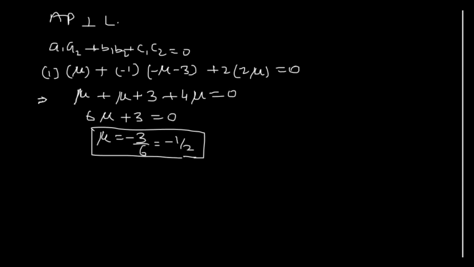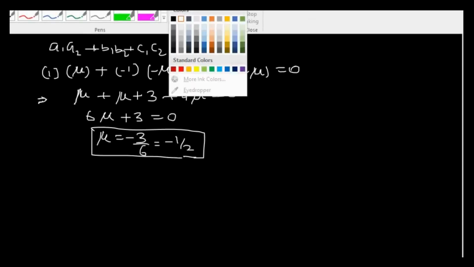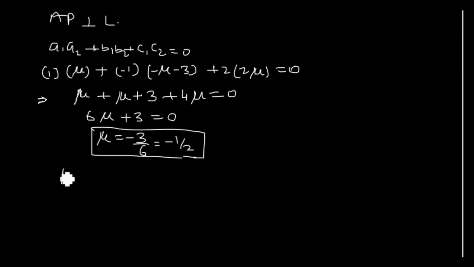Now we can therefore find the point P. Point P is mu plus 1, minus mu minus 1, and 2 mu plus 2.